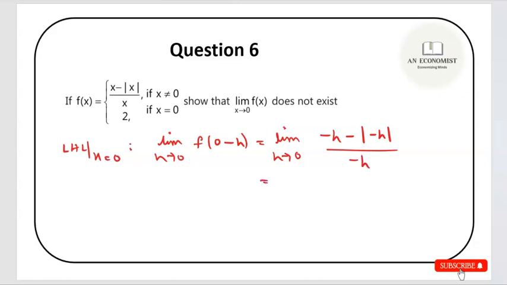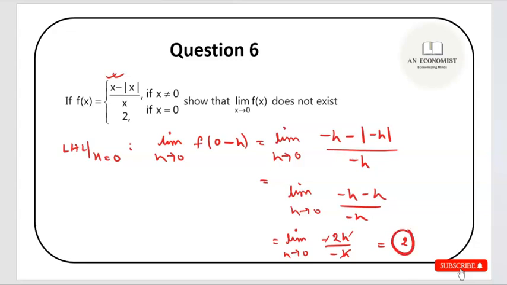So you are just replacing this in this particular form. Limit h tends to 0 minus h minus, here if you open the mod it will be plus h, so minus h minus h. So limit h tends to 0 minus 2h by minus h, so it will be 2, right? Minus minus will cancel out, h will cancel out, you will have 2. So the left hand limit is 2.